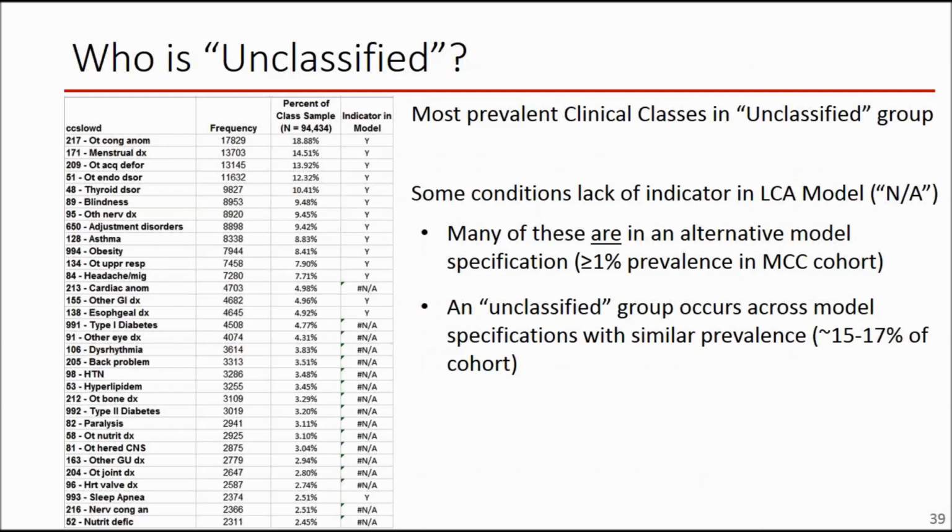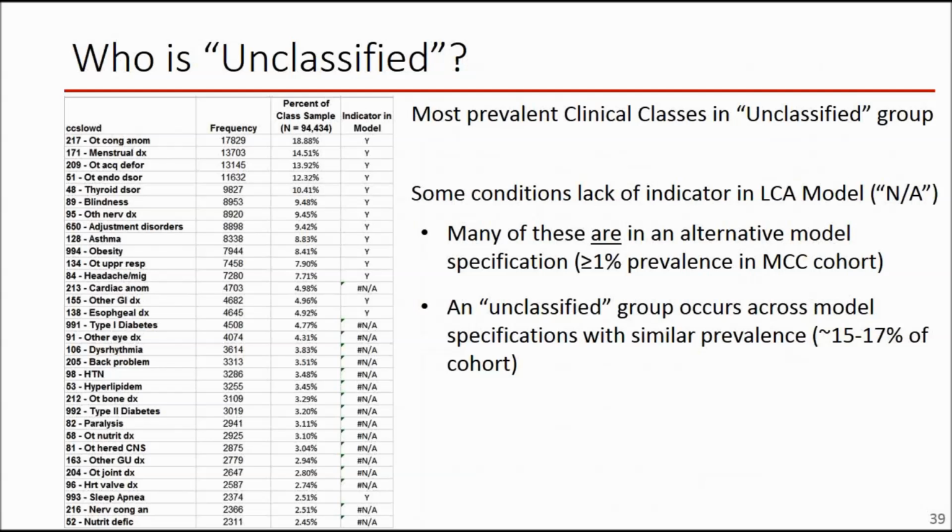We were curious who is unclassified, who's falling into that class 5 that didn't have a clear mark on it. It's a mix. They have the common conditions like asthma and so on. They have some of the congenital anomalies.